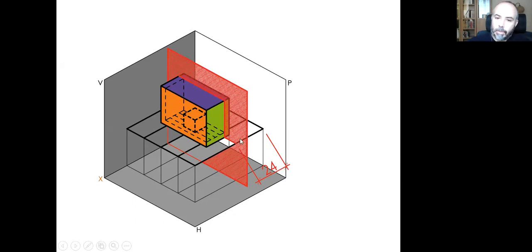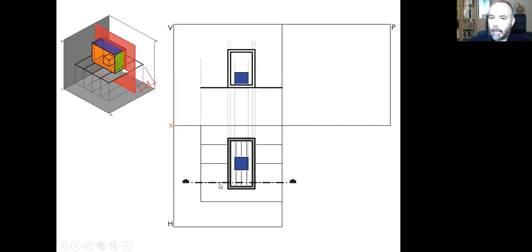So I need to position my plane here, and I can again indicate this cutting section plane over my plan and over my first section by using the same lines here.